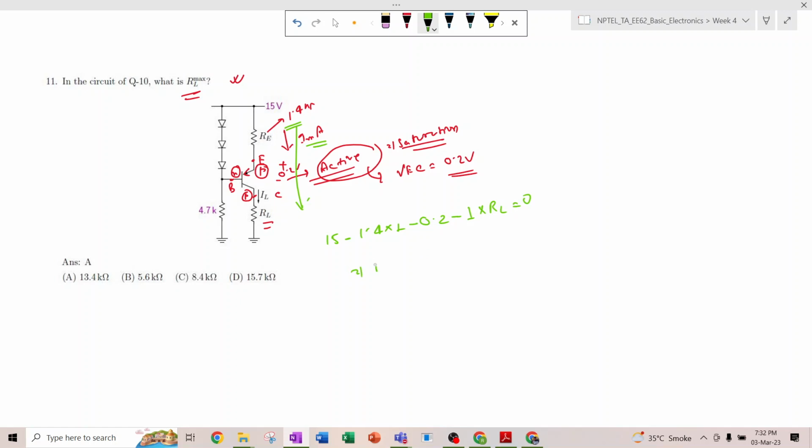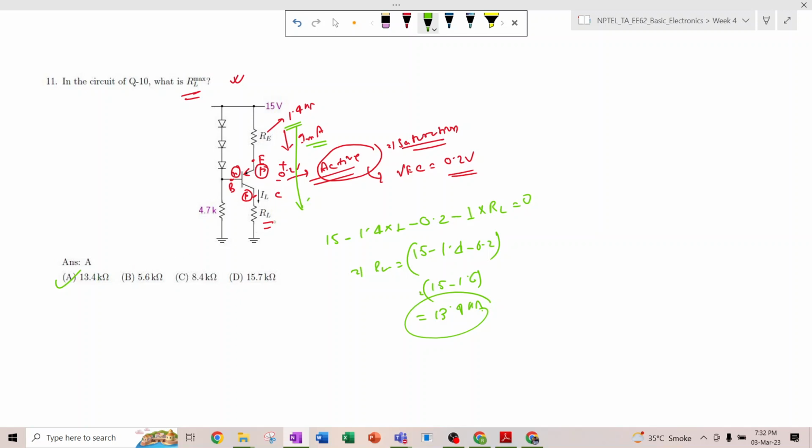So RL is 15 minus 1.4 minus 0.2, that means 15 minus 1.6, so this is 13.4 kilo ohm. This is the maximum value.